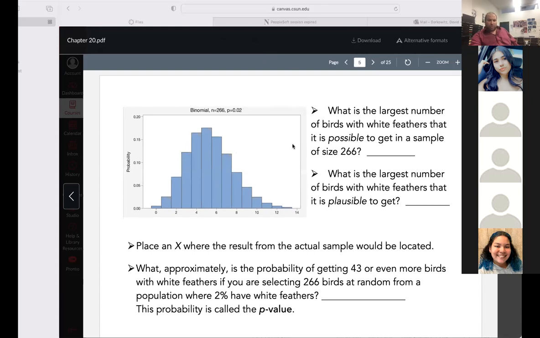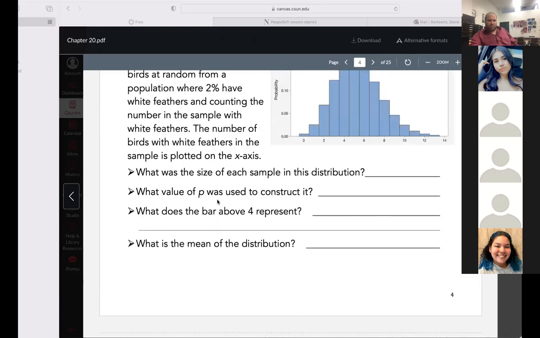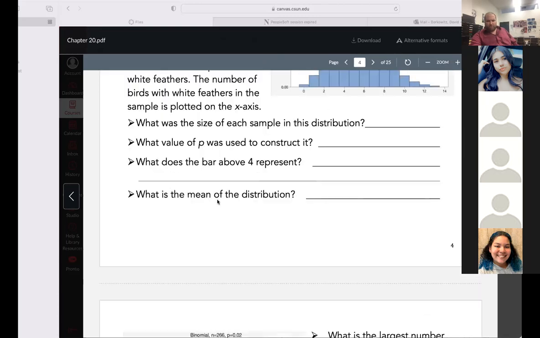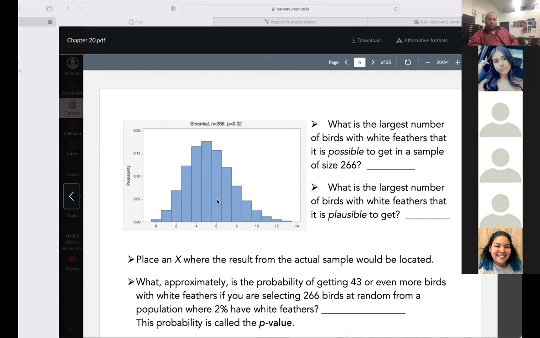So question. Same situation, same graph, just it's a little smaller this time, but it's the same graph. Actually, same size, looks like. What is the largest number of birds with white feathers that it's possible to get in a sample of size 266?